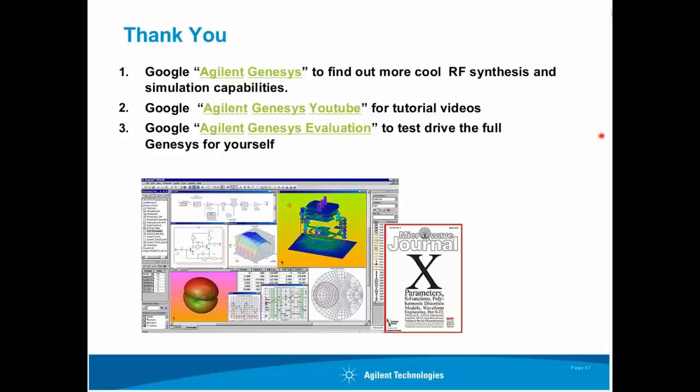So if you Google Agilent SystemVue, you would get information on an evaluation copy of that as well, so you can evaluate SystemVue along with Genesys. What's nice is they're built on the same platform, so they look very similar, although the capabilities are very different because you're in the digital world versus the analog world. But there is a digital filter designer tool built into SystemVue for that capability.